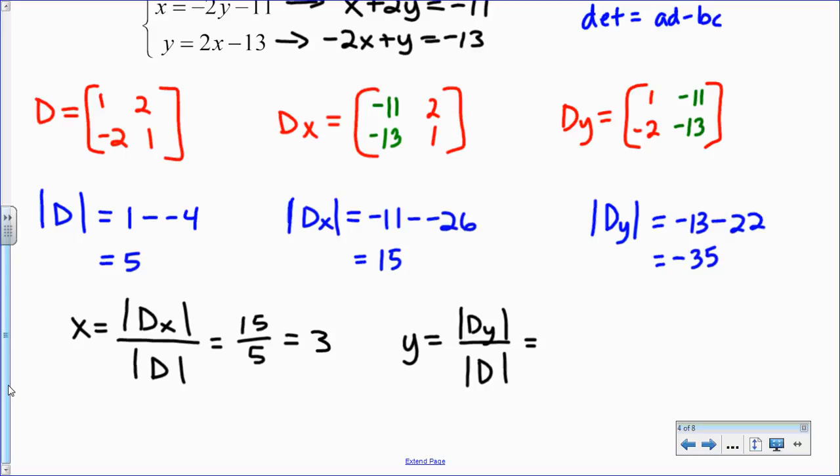Okay, and then y is the determinant of dy divided by the determinant of D. So negative 35 divided by 5 is negative 7. So those are my answers.